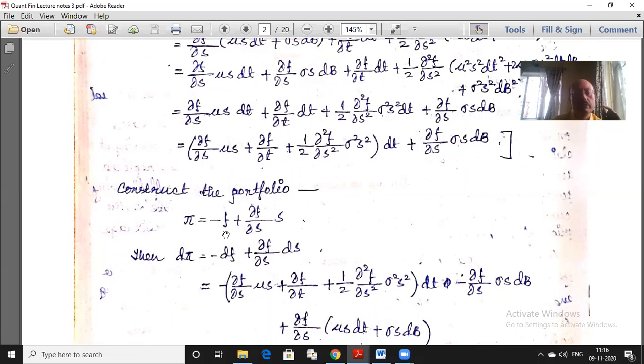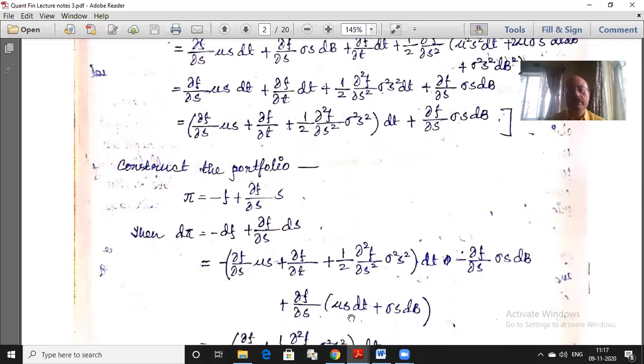So I go short on the derivative contract, and I buy del f del S amount of the stock. That's my portfolio. Del f del S units of the stock and -1 unit of the derivative. So again, I can easily evaluate d pi because I know dS, I know df. These 2 things together, I can evaluate d pi.